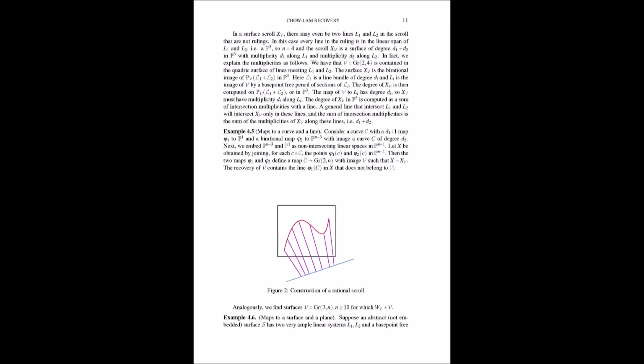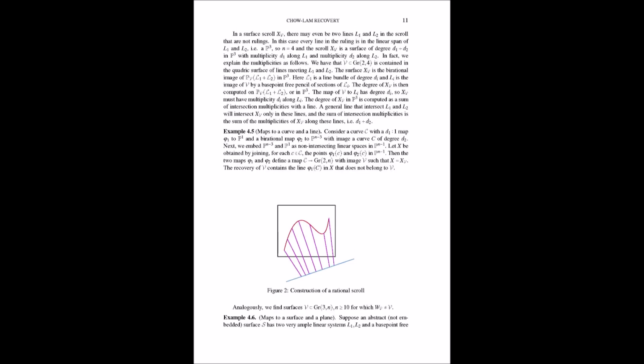None at all. Based on these examples, Pratt and Ranestad make a bold conjecture. They propose that for generic linear sections of Grassmannians, the Chow Lam recovery is always perfect. So they're suggesting that those extra components we've been discussing aren't a generic phenomenon, but rather something that arises from specific structures or properties of the varieties. Exactly.